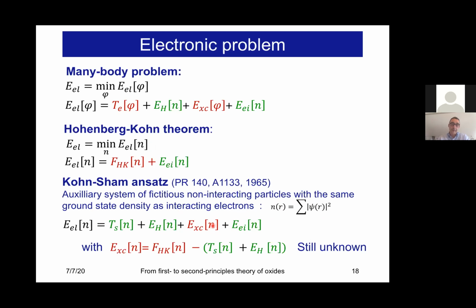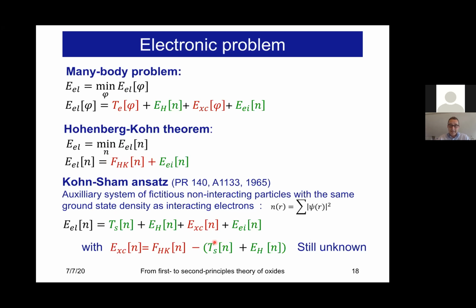So the key part of the Kohn-Sham ansatz is to replace the unknown Hohenberg and Kohn functional by another unknown functional, the exchange correlation energy Exc[n], that is this functional minus these two parts. This is still unknown, so you might think, okay, what was the purpose of doing that? The purpose is that this functional here is a very big quantity, the main part of the energy of your system.